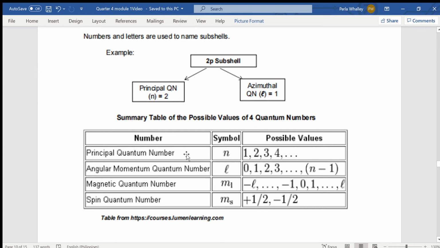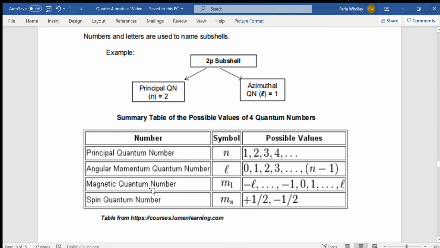Here is the summary table of the possible values of the 4 quantum numbers. Principal quantum number N has possible values of 1, 2, 3, 4. Angular momentum quantum number L has possible values of 0, 1, 2, 3 until N minus 1.